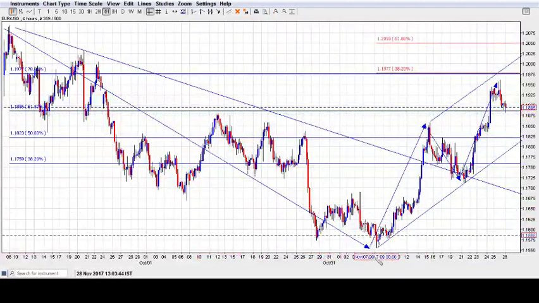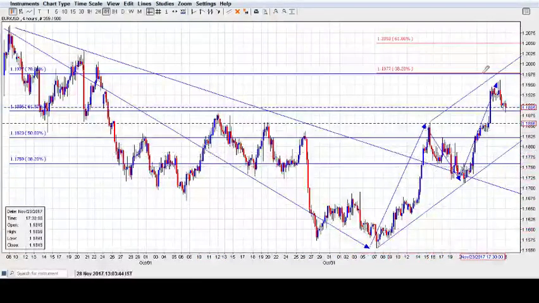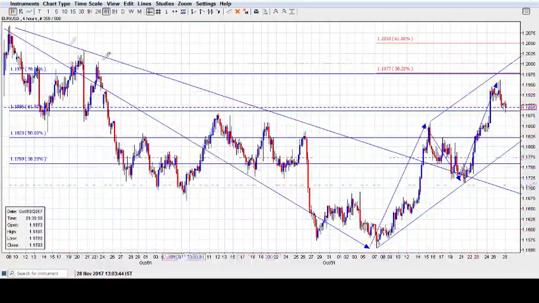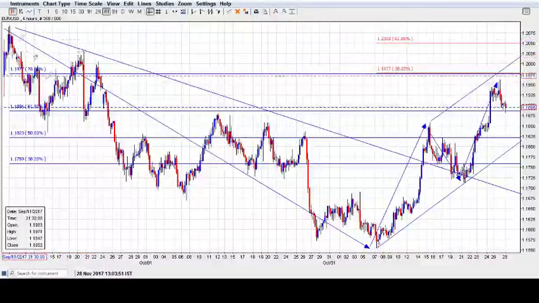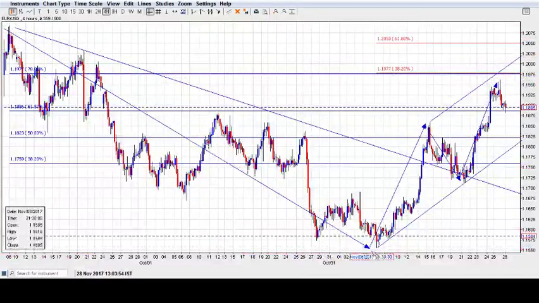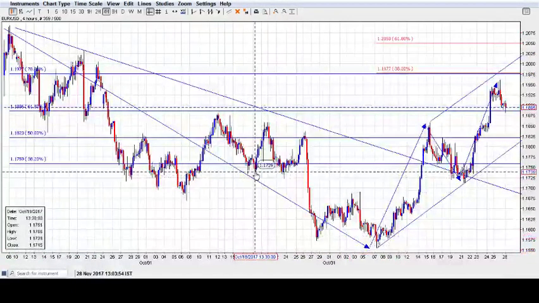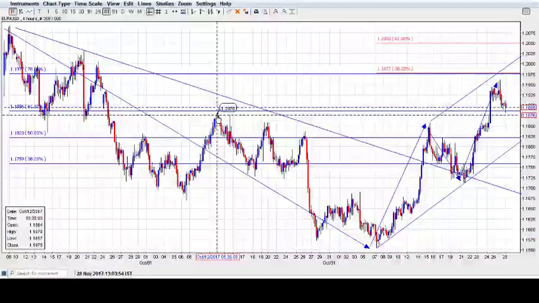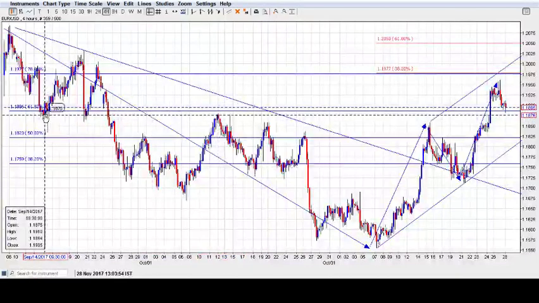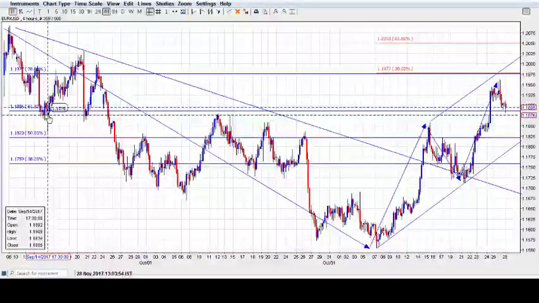So a potential zigzag has already formed. We cannot term this as an impulse, because wave 4 actually is entering the territory of the first proposed wave.